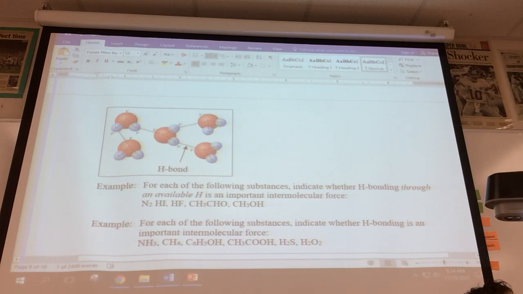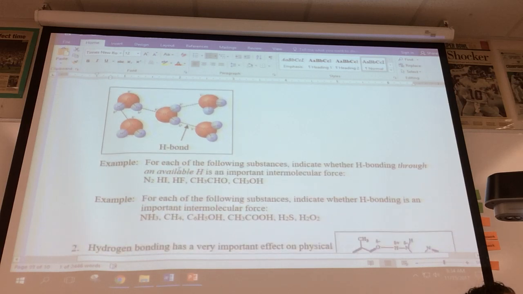You can see this H is covalently linked to the O, and it interacts in an intermolecular fashion with an O, N, or F on another compound. So it says for each of the following substances, indicate whether hydrogen bonding through an available H, so it has to have an H, is an important intermolecular force. So if you have N2, you know the answer is no, because it doesn't have an H.